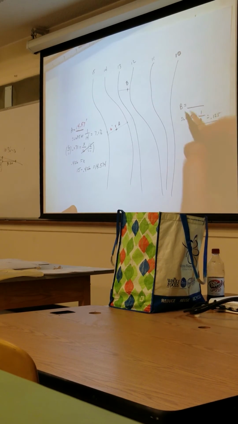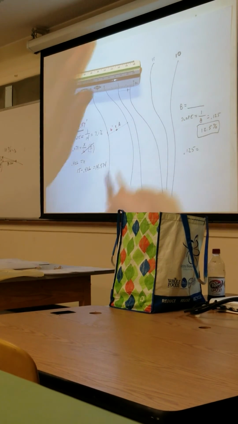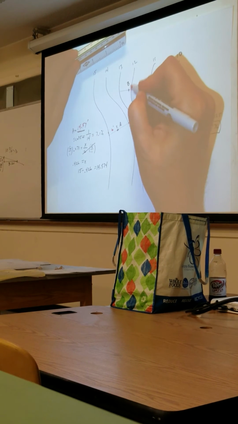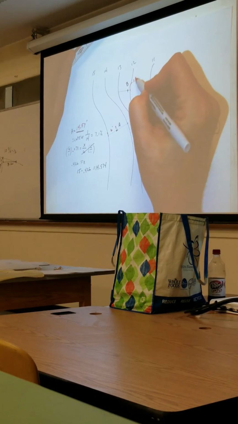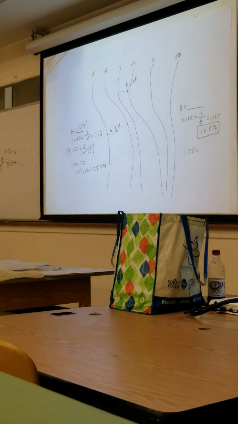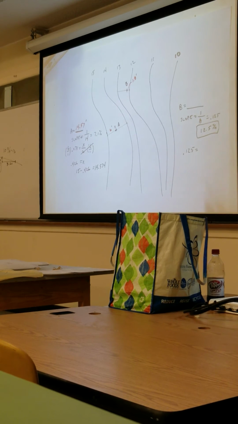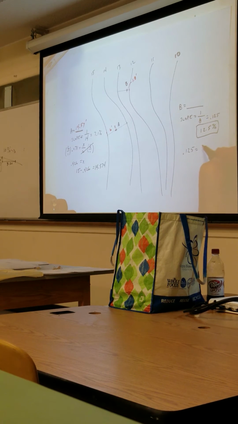Okay, now I want to figure out the rise and run. So we have 0.125 is equal to x over, and I'm going to measure from the 12 this time, from here to here, which is about 1.8 feet. About. So x over 1.8.